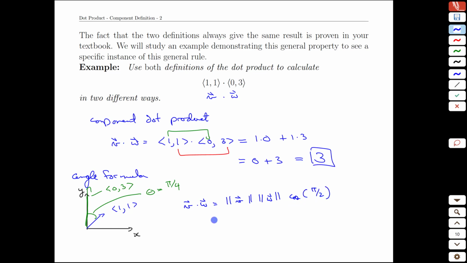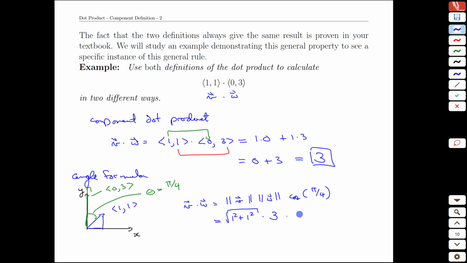And if we do that correctly, the length of v is the length of a 1 by 1 sided triangle, the hypotenuse of that. So that will be the square root of 1 squared plus 1 squared. The length of w is simply 3. We don't have any component in x, so it's easier to calculate. And the cos of pi over 4, not pi over 2, my apologies.